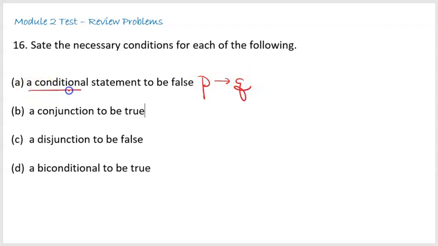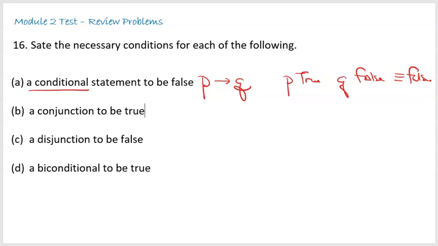That's an if-then statement. Now, when is an if-then statement false? The only time that's false is if the antecedent, which in this case is P, is true, and the consequent, Q, is false. You have to have an if true, then false. That's the only time we get a false result.